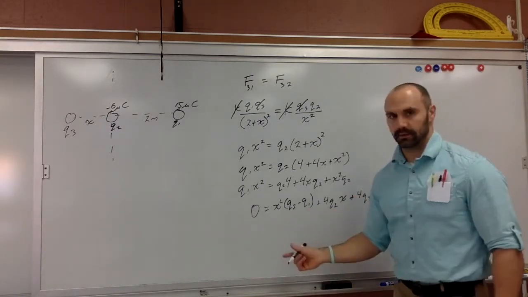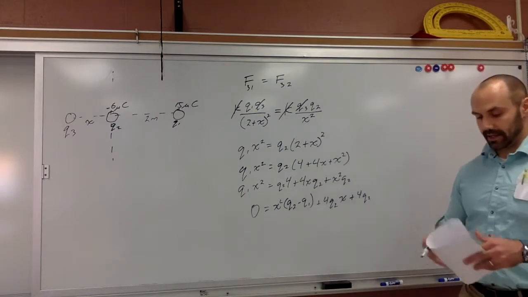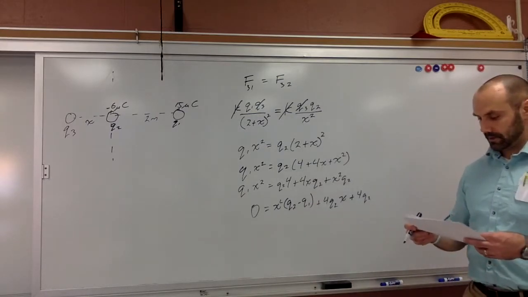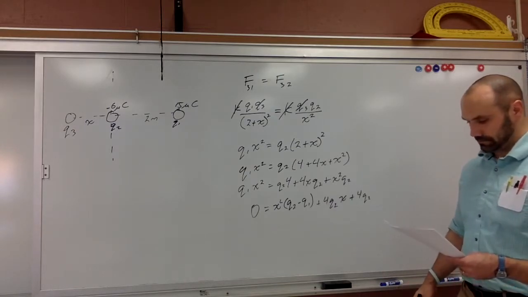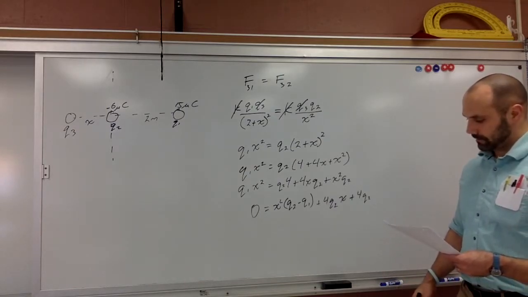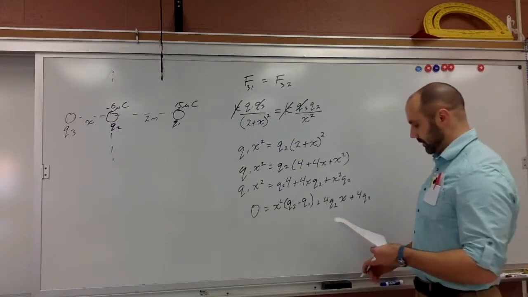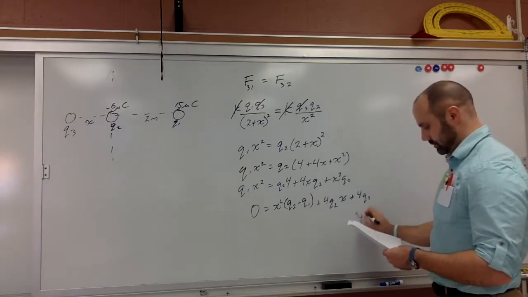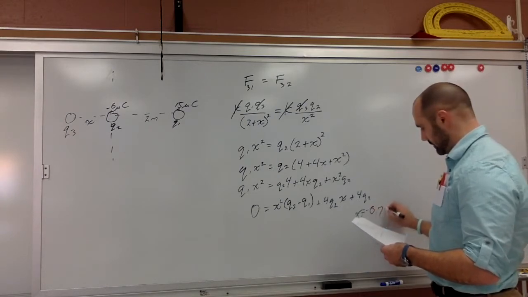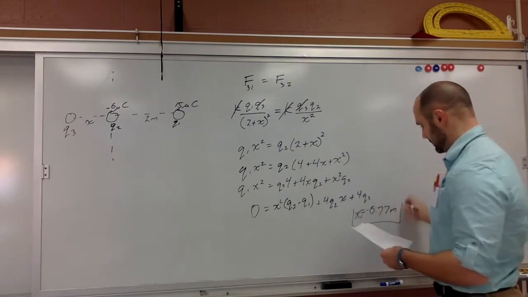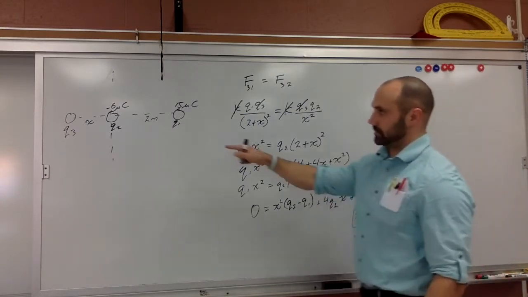Now I just plug in the Q2s, and I have to do quadratic formula. And what we end up with is negative 0.77 meters. So I'm at that position.